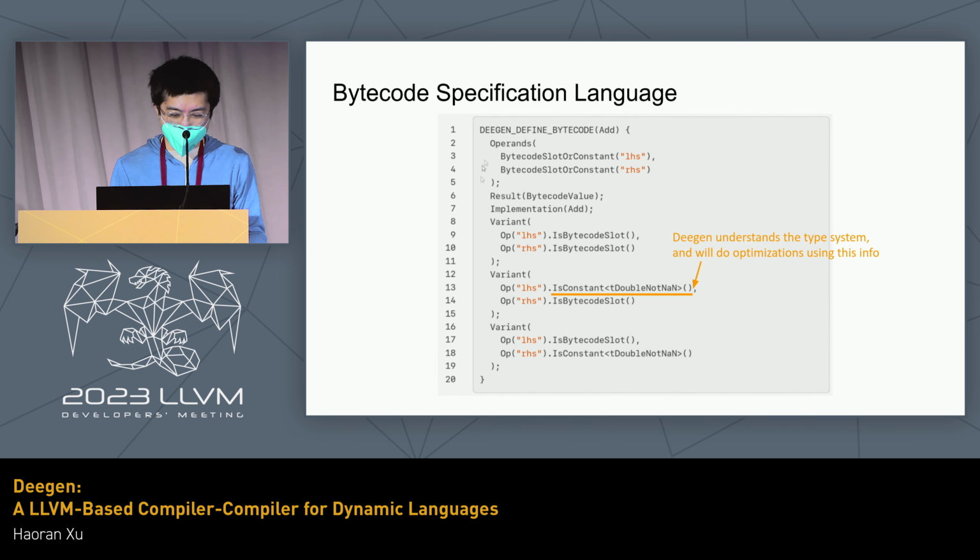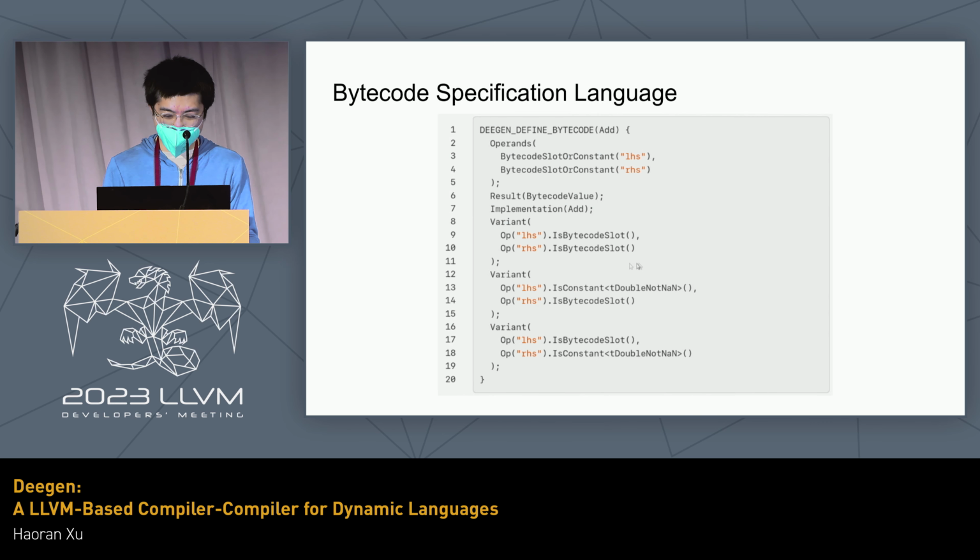Here, the interesting thing is the variance. So in a dynamic language, it's quite common to have slightly different variants of the same operation, like adding 2 temporary values, adding 1 value and the constant, and things like those. Here, since Xu-Deegen understands the type system as we covered before, we can specify that the constant is statically known to be a TDouble not none, and Xu-Deegen can do optimizations accordingly.